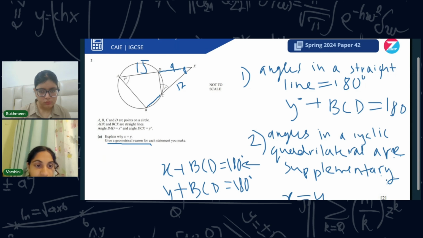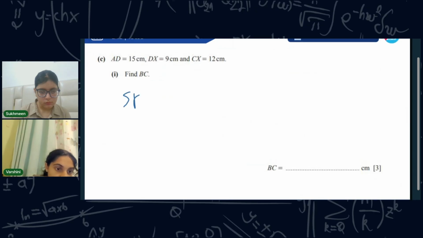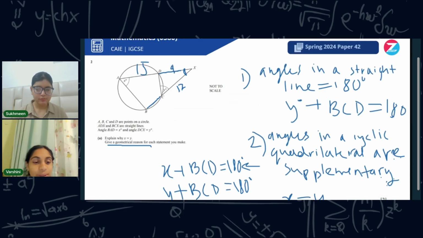So first, let's find the scale factor. SF equals 12 divided by 15 plus 9. If you put that in your calculator, you should get 1 by 2. Now we know the scale factor.